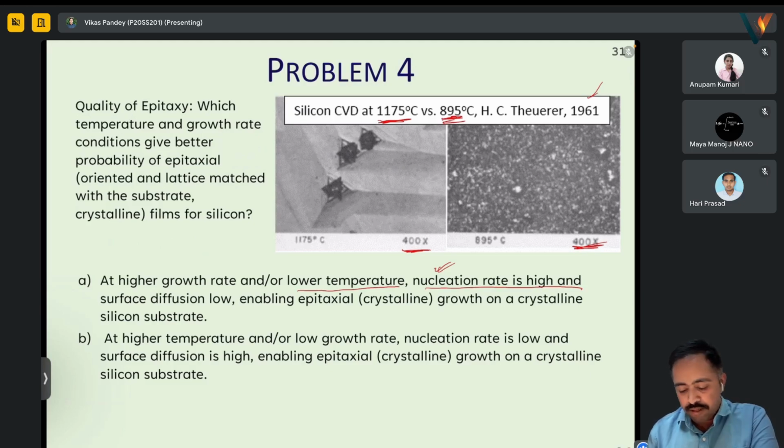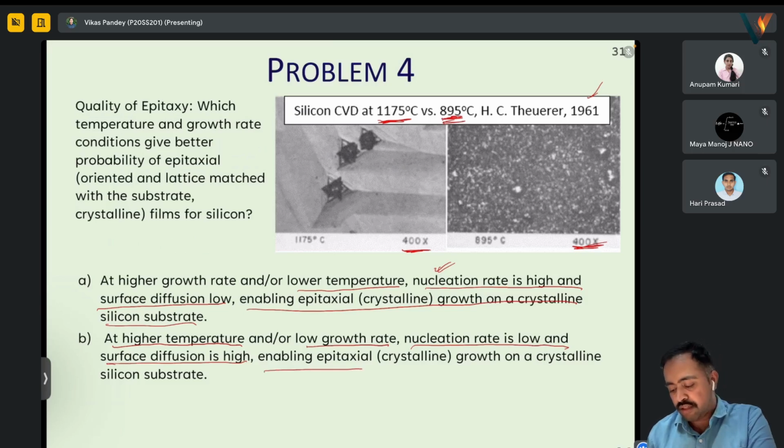Nucleation rate is high and surface diffusion is low, enabling epitaxy growth on a crystalline silicon substrate. Second is at higher temperature or low growth rate. Nucleation rate is low and surface diffusion is high. This enables epitaxial growth on the crystalline silicon substrate.